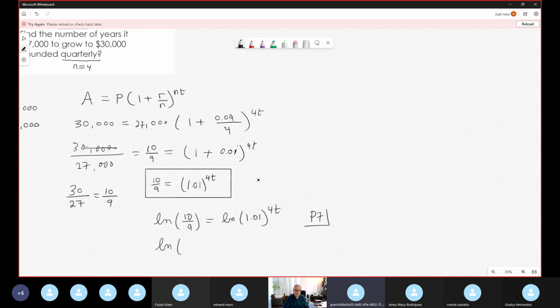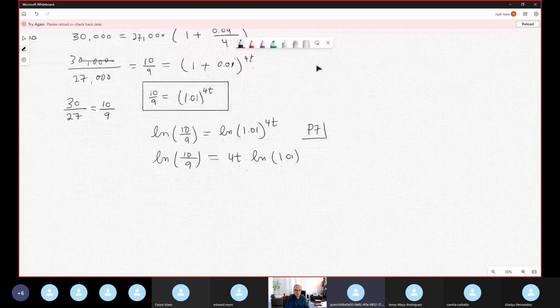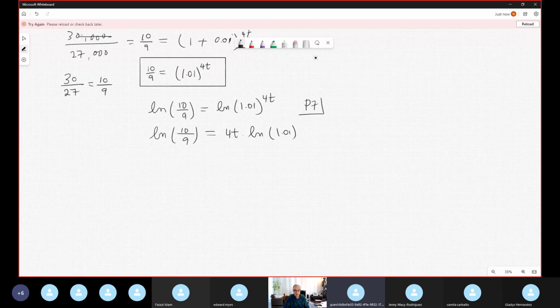You have ln of 10 over 9 equals 4t times ln of 1.01. We can use ln or log, either way. Finally t is ln(10/9) divided by 4 times ln(1.01).